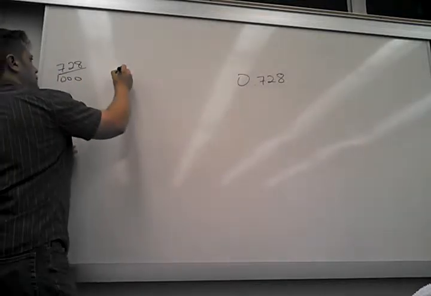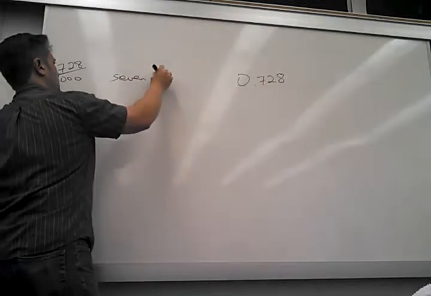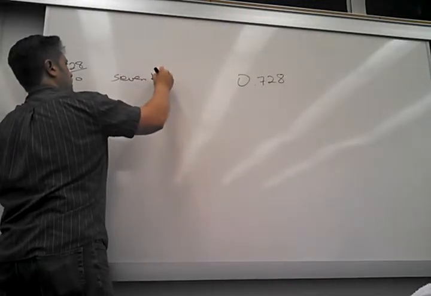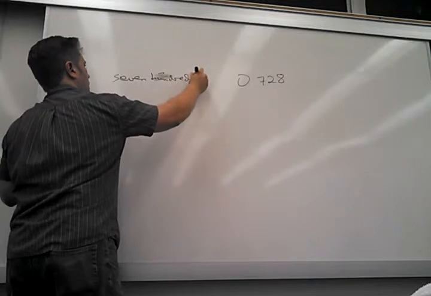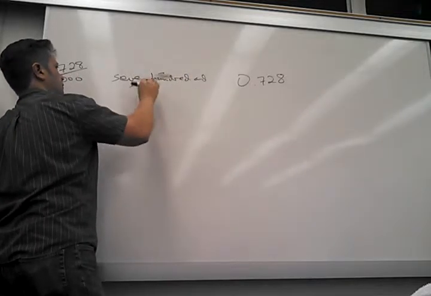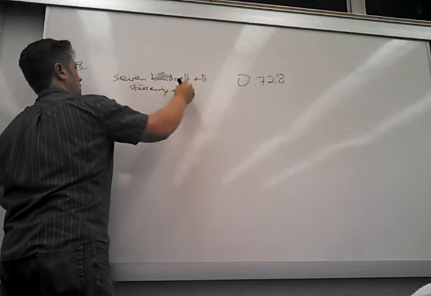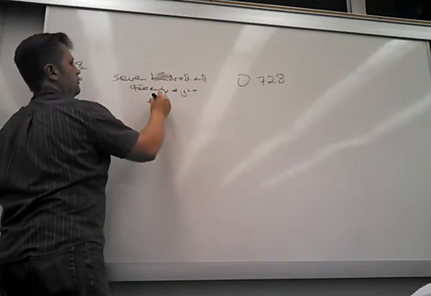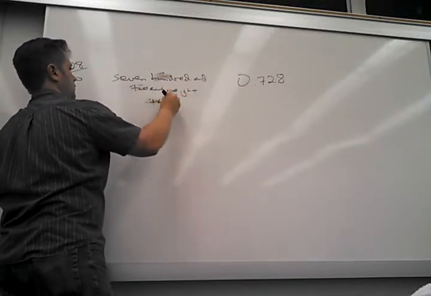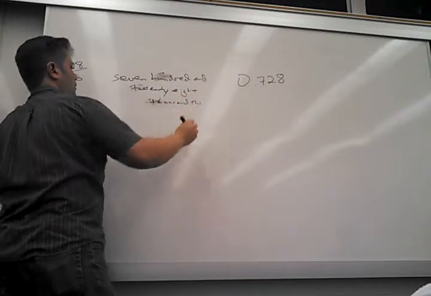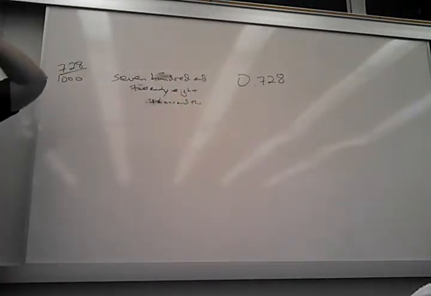Now, what you want to be careful about is that I saw some people doing this: they say 700 and 28 thousandths. What's wrong with that?